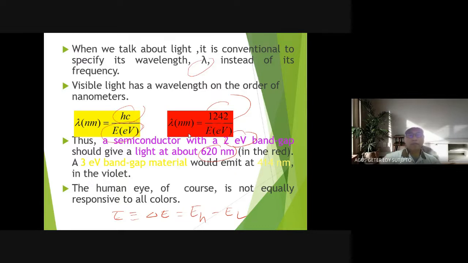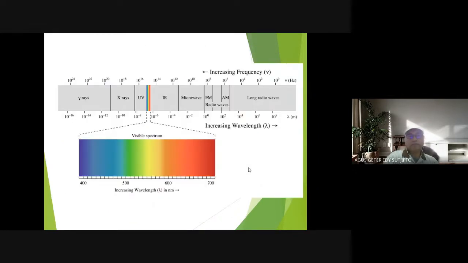And then for another gap, if the delta E is 3 electron volts, we can have violet light. This is for visible light, from 400 to 700 nanometers, from the ultraviolet to the infrared.